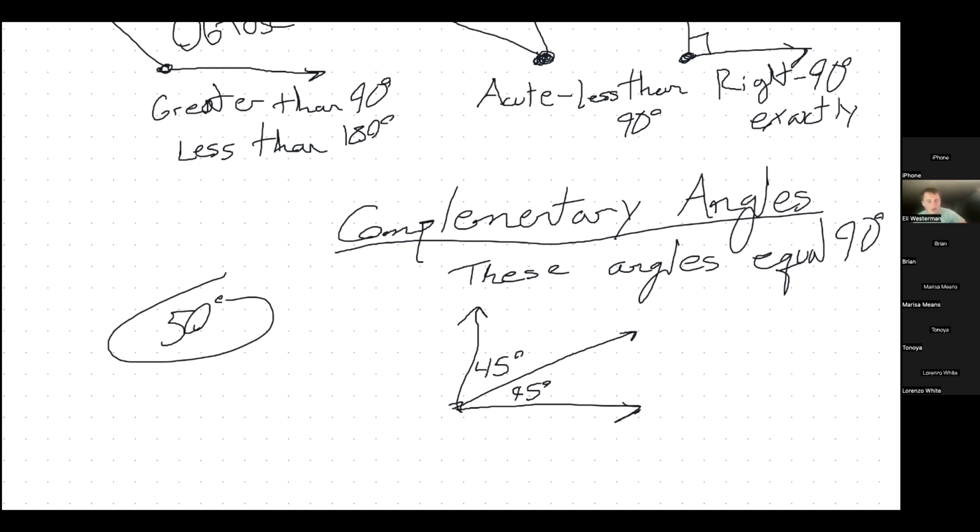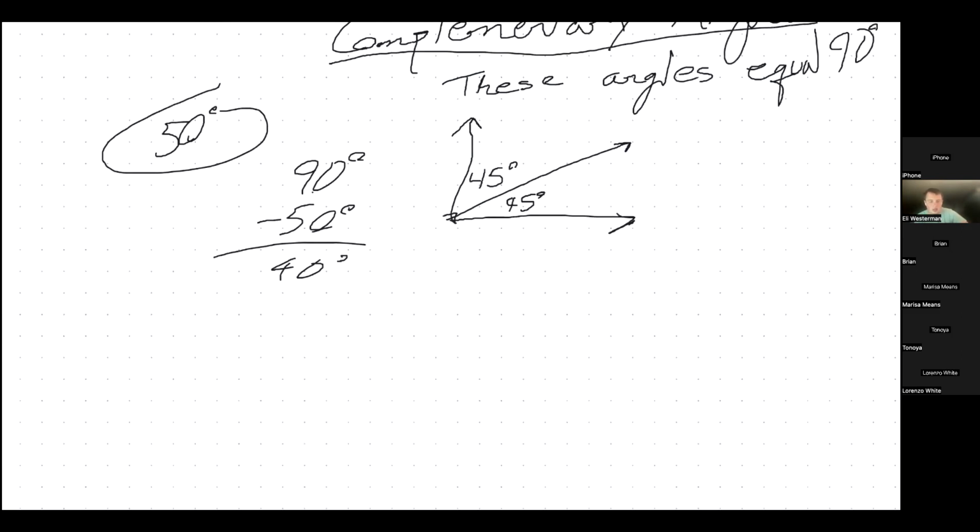So if we have 90 degrees minus 50 degrees, you get 40 degrees. Let's look at this angle. This is a right angle. You have this angle, which is 1 degree. How much is this angle? Can anyone guess?